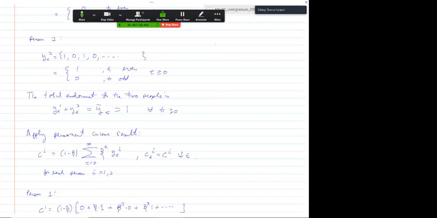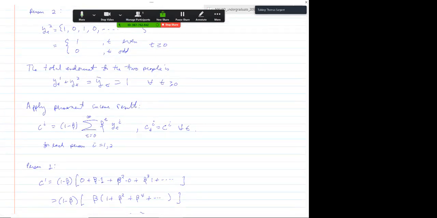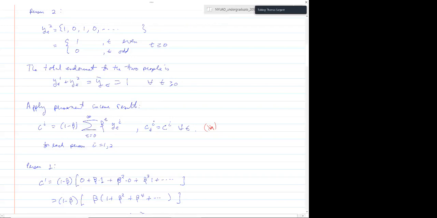Okay, so now, as we said yesterday, this is rigged to get this permanent income result. I'm immediately going to get this permanent income result because the utility function is concave. The person wants to smooth consumption. So we're going to get the result that the person is going to be able to totally smooth his consumption.